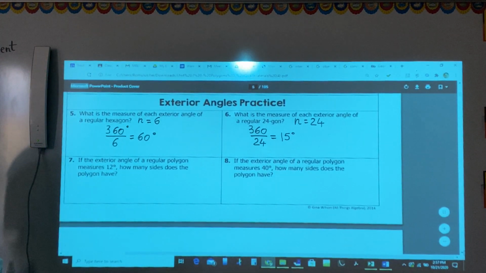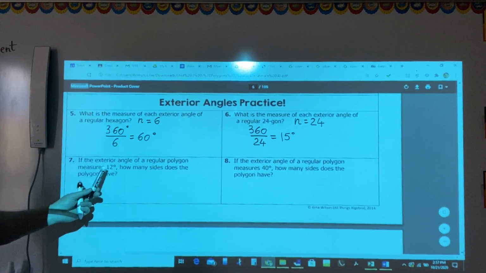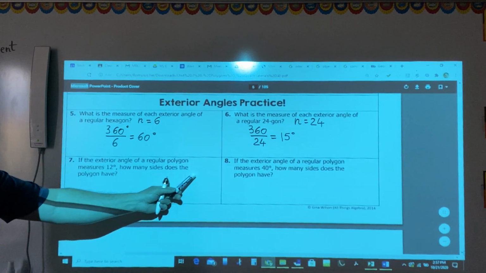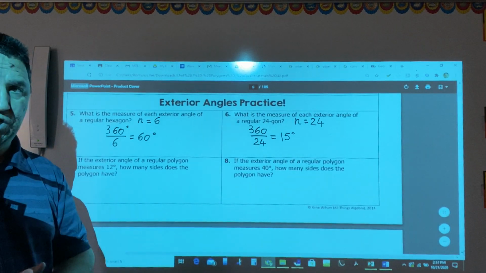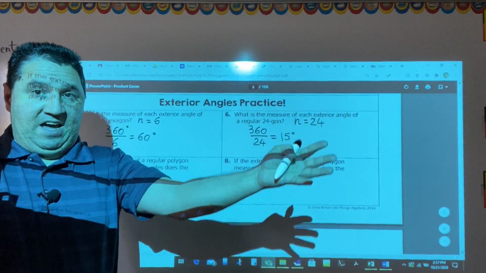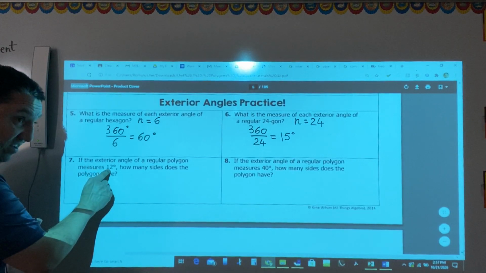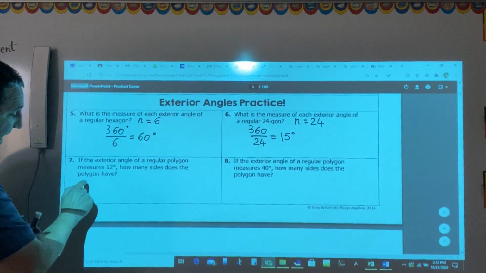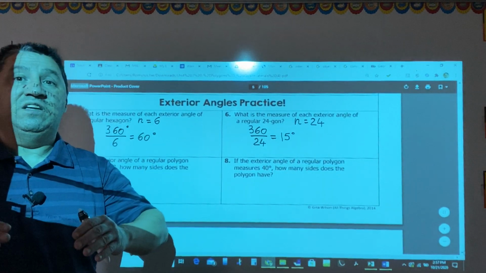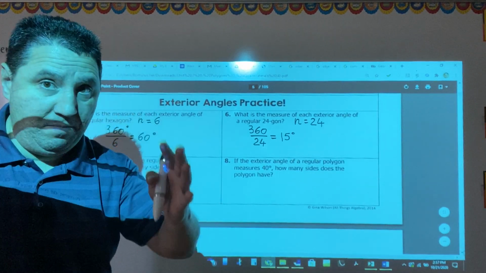Next, if the exterior angle of a regular polygon measures 12 degrees, how many sides does the polygon have, right? So, we know the sum of exterior angles of a polygon is 360. The measure of one angle is 12, right? And we know this polygon is a regular one, which means all exterior angles have the same measure.